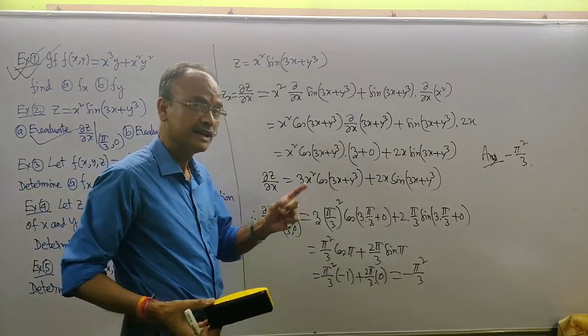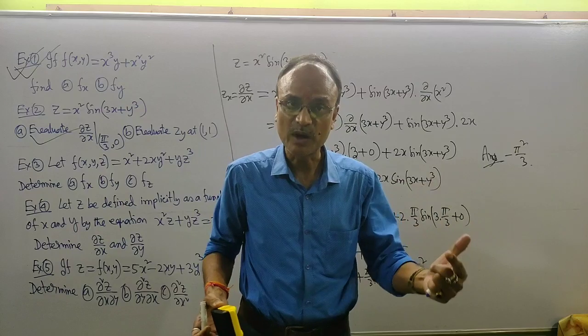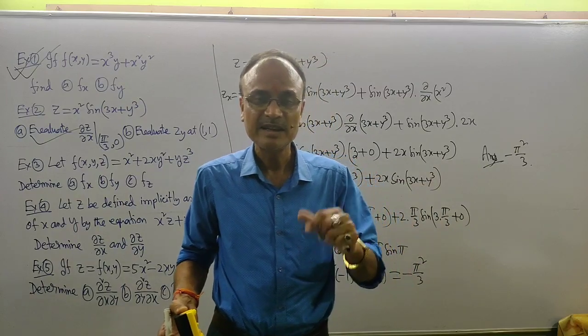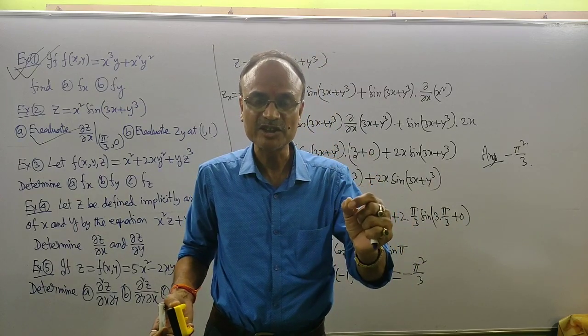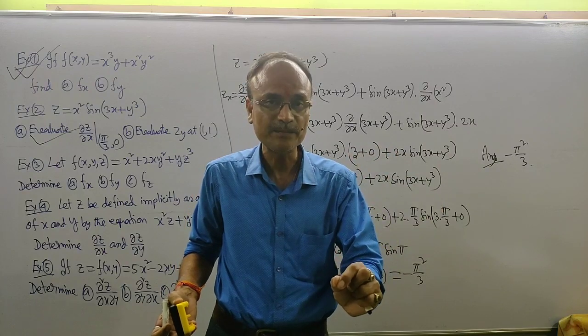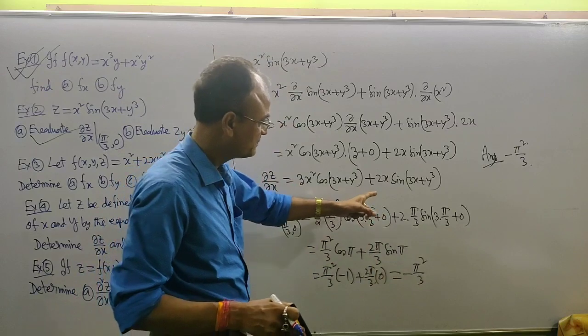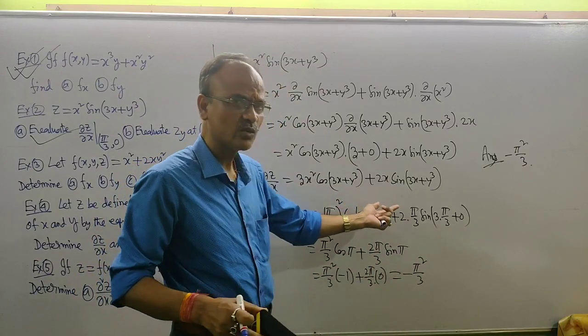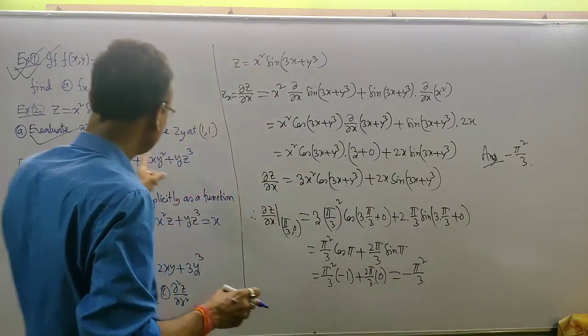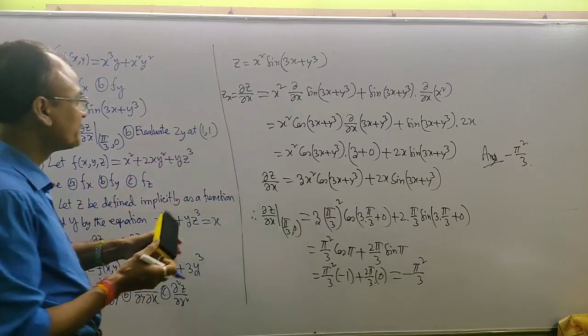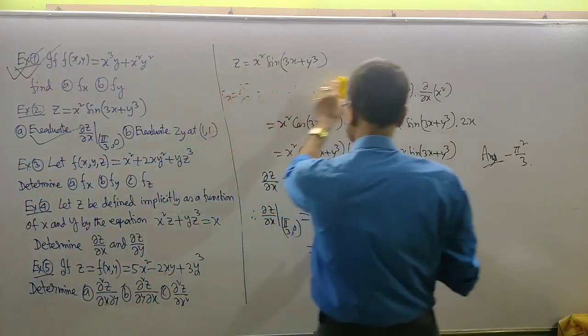Number B, you have to find zy at 1, 1, means you have to find the partial differentiation of z with respect to y, and you have to put x is equal to 1 and y is equal to 1 at zy. Now z is equal to this.